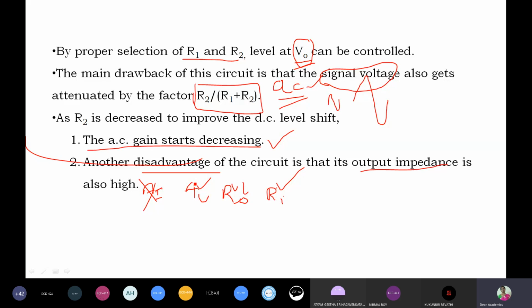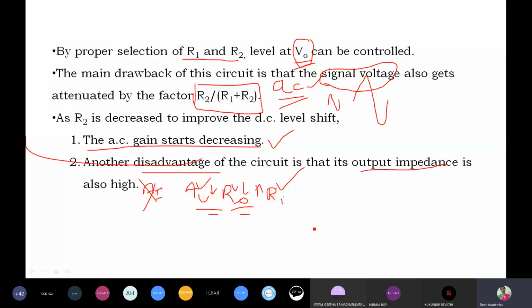But here our voltage gain is decreasing, it should be high, and output resistance is increasing, actually it should be less. That means this circuit is controlling that DC voltage, but it is providing two disadvantages.